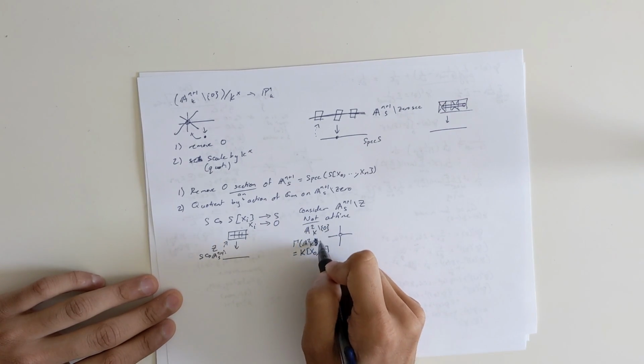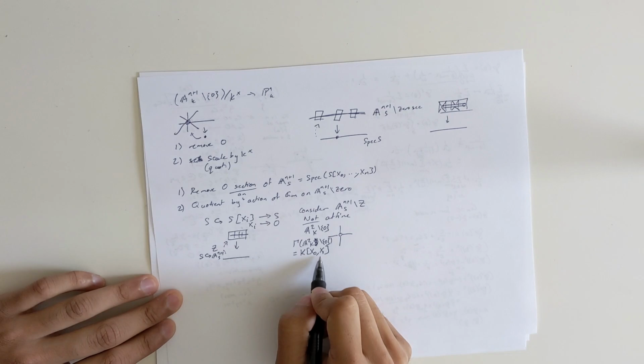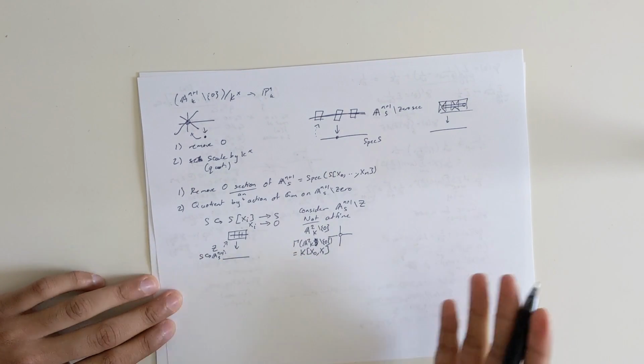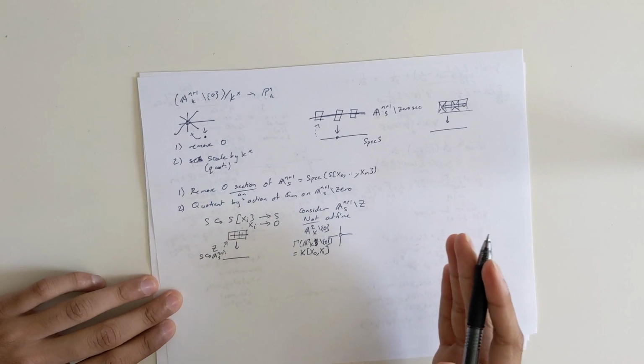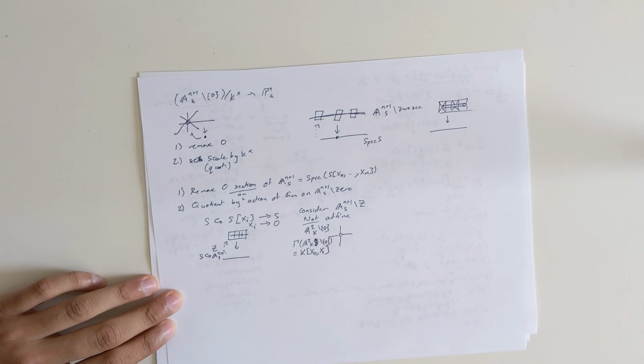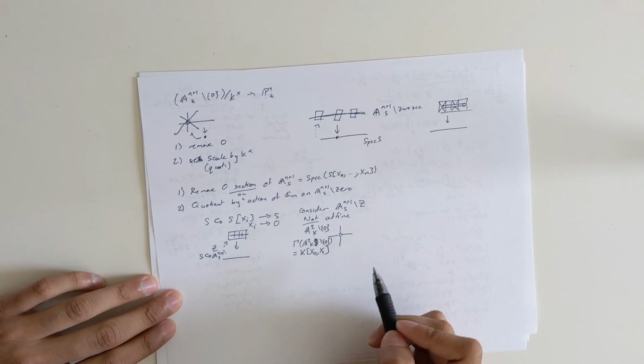Sorry, I meant to say Spec of the global sections of A^2_K minus 0 is equal to this. But if you look at Spec of this guy, then you recover all of A^2_K, not A^2_K minus 0. So this is a problem because affine schemes are opposite to rings. And so if you take global sections, that should be opposite of taking the Spec, but in this case it isn't. And so we conclude that A^2_K minus 0 is not affine.